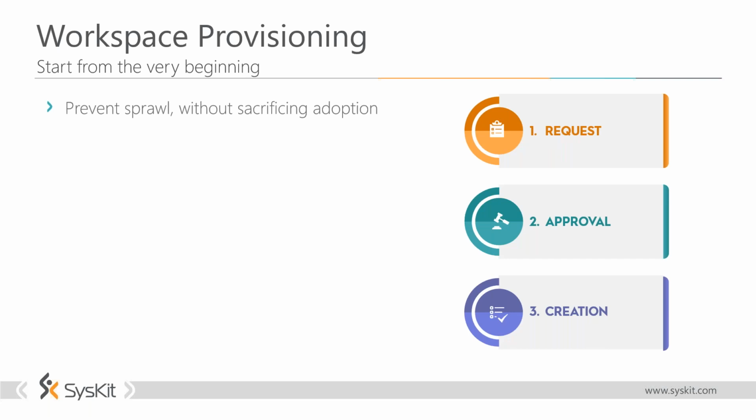So this is what it looks like. The user sends a request for a new workspace, preferably based on one of your predefined templates. You enforce an approval process for that new artifact. So you decide whether you'd like to, for example, have private teams automatically approved, or to have single or multi-stage approvals for those who are public, or have some guest users in them, and so on. And only then this team gets created and becomes a part of your environment.